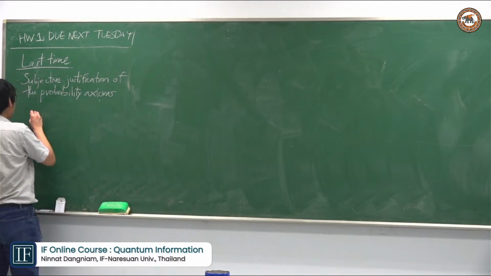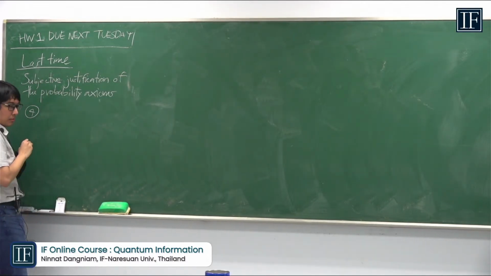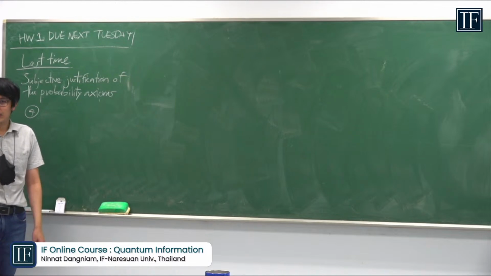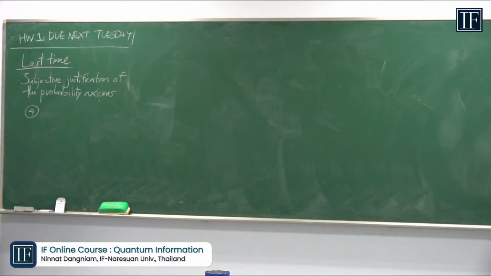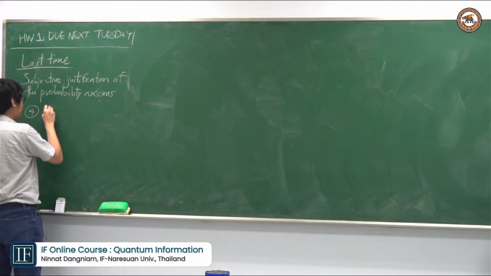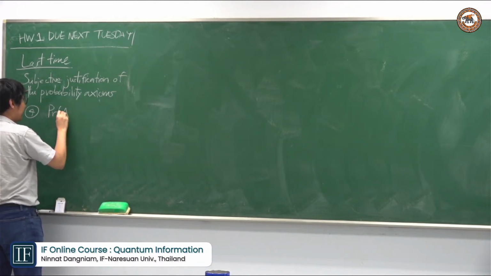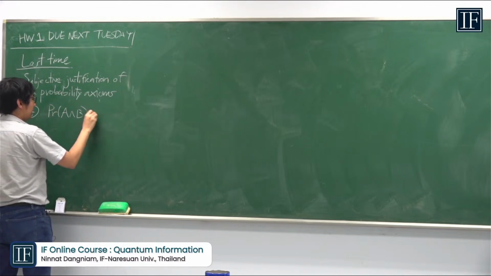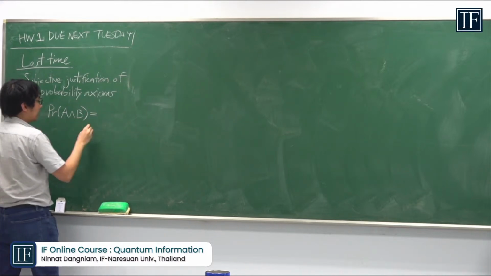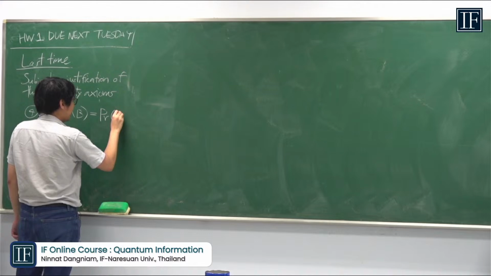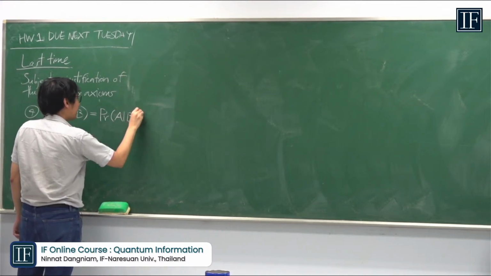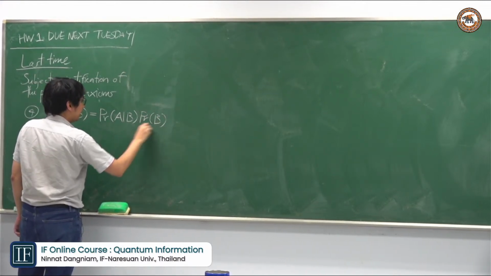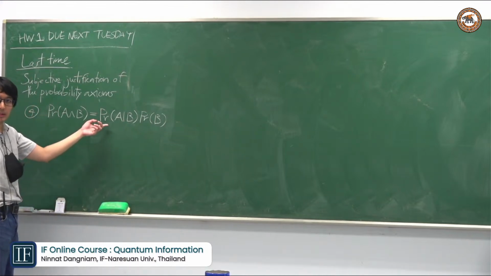Last time I almost got to the last of the axioms, but I didn't explain it sufficiently to actually get to the axioms, which I will do now. So this is the product rule, and the difficulty is that this involves conditional probability, right?